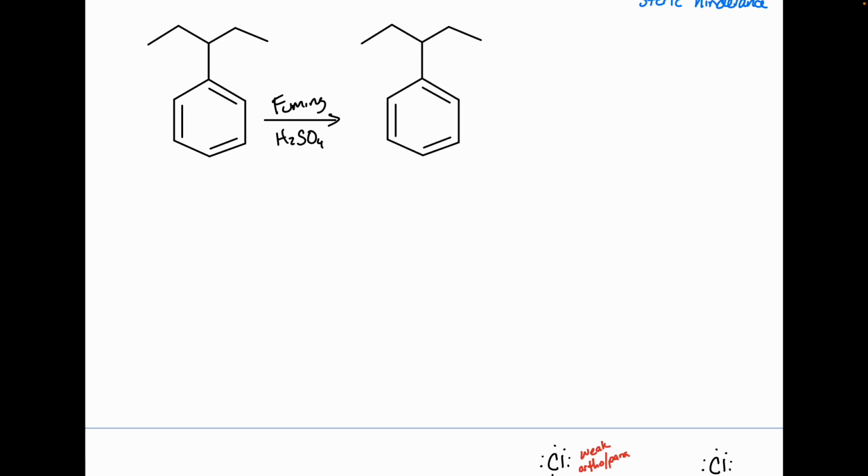All right, so if I take this and I first add that fuming sulfuric acid, my major product of this reaction, because I have that big bulky group, will have that SO3H group in that ortho position. I'm sorry, in that para position.